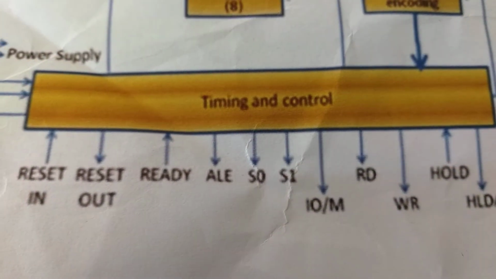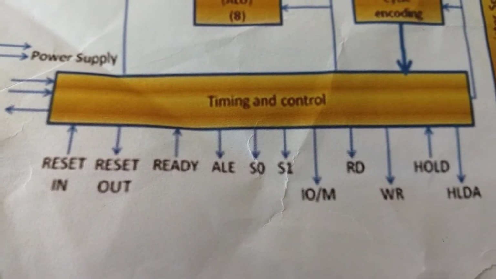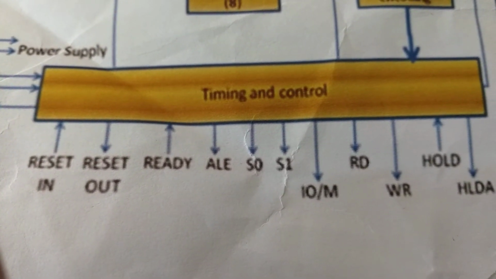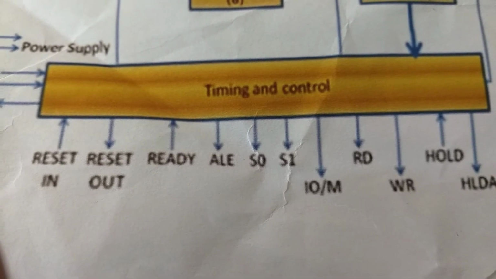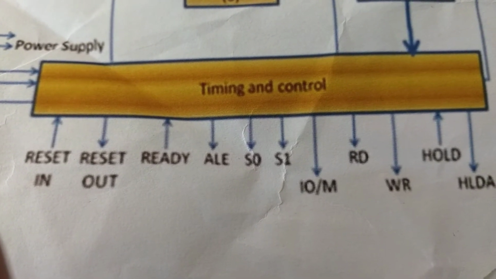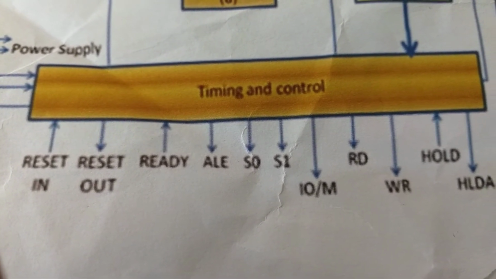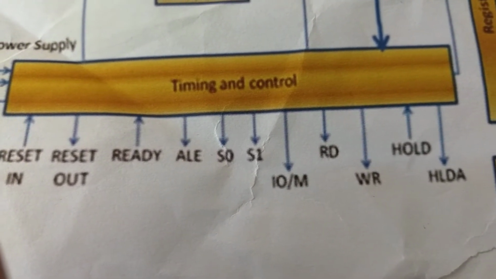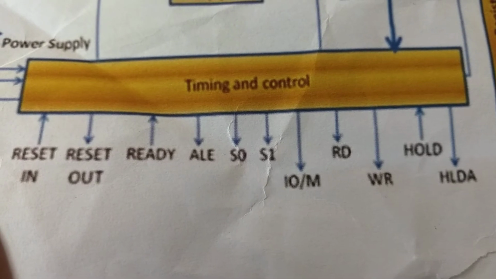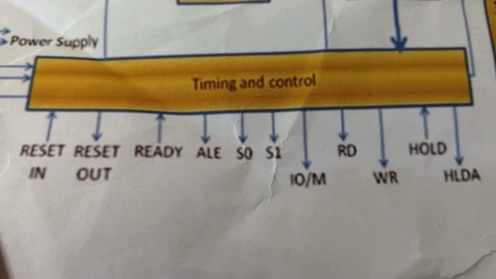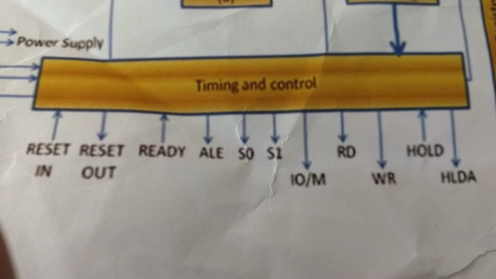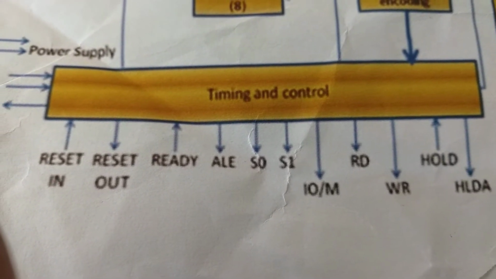Then ALE is the address latch enable, which can perform the multiplexing or demultiplexing, which I will introduce again if required, you can write in the comment box. It indicates whether the address lines are enabled or the data lines are enabled.